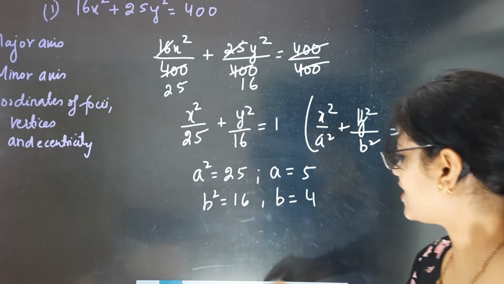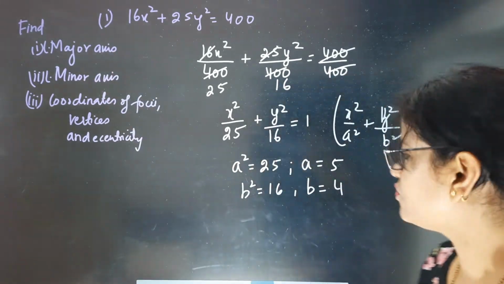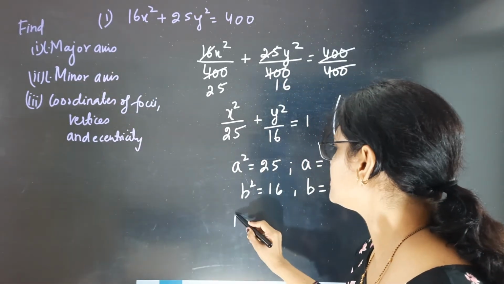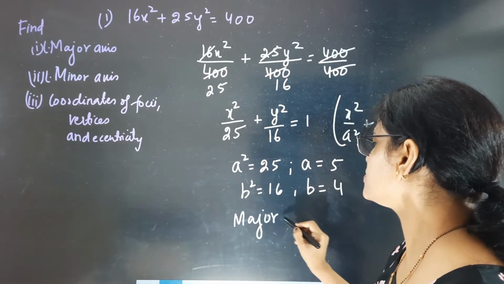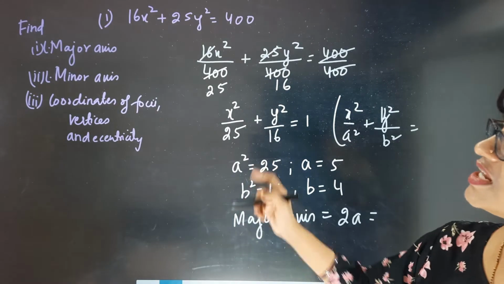After getting these values, we have to get the major axis and the minor axis. The major axis is 2a.